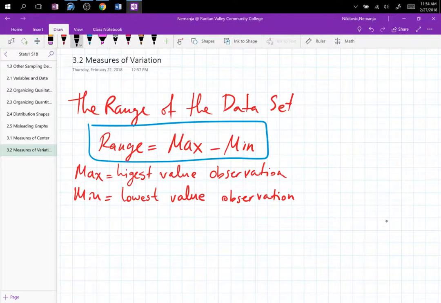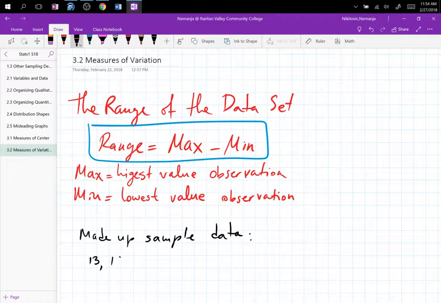So I'm just going to make up sample data, a whole bunch of numbers.